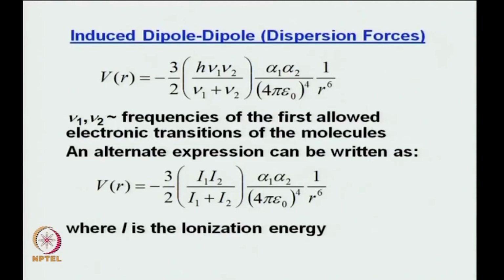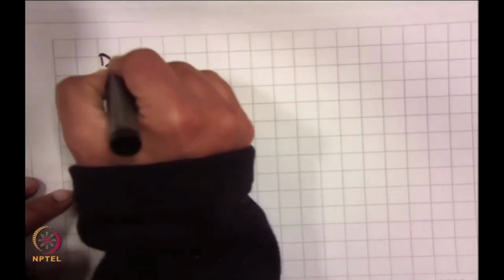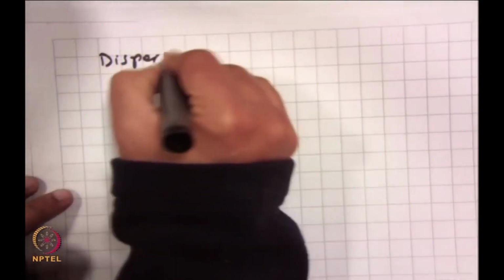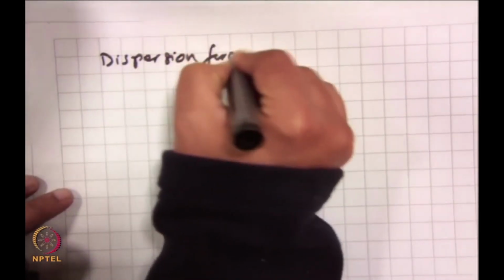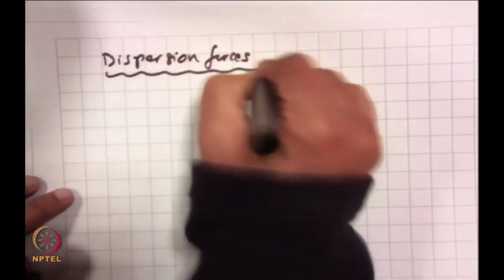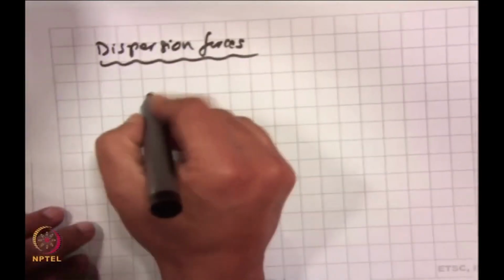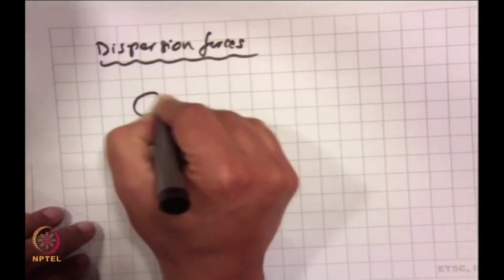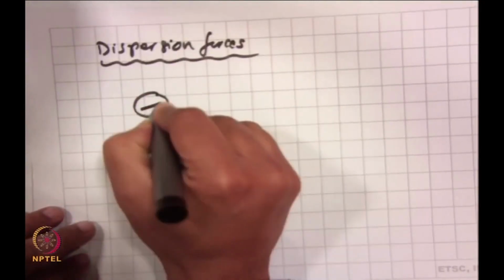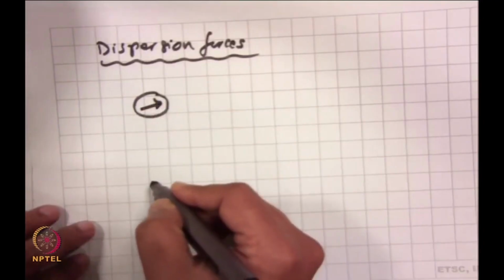Now, let us talk about dispersion forces. This is essentially the last topic of electrostatics, and if we just think about dispersion force a little bit, what do we really mean by dispersion forces? So, think about this. I have a molecule which has a certain dipole.